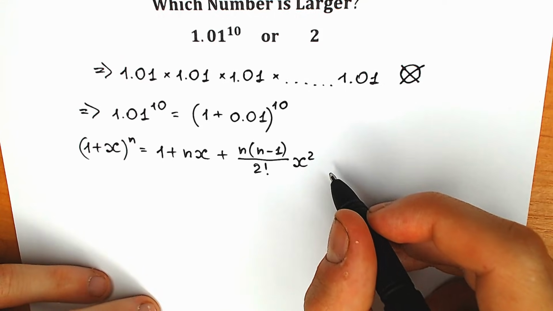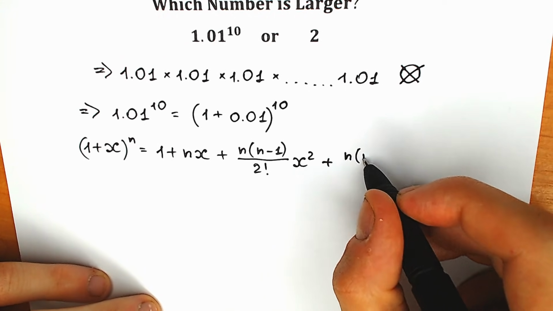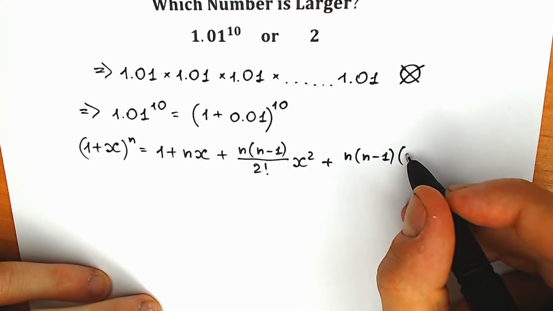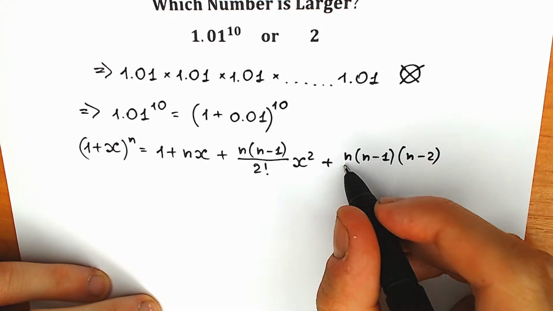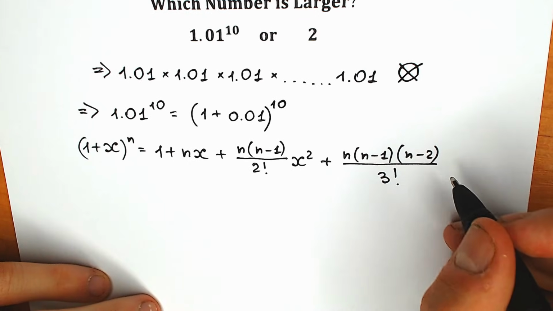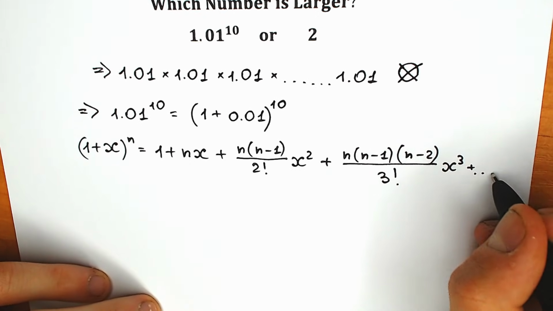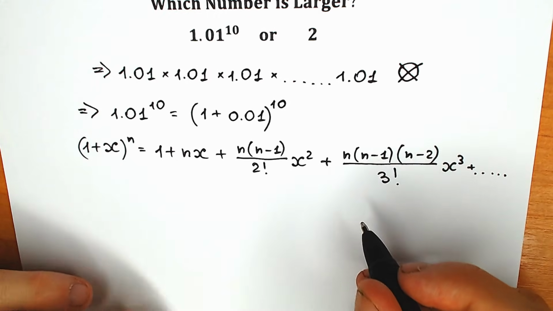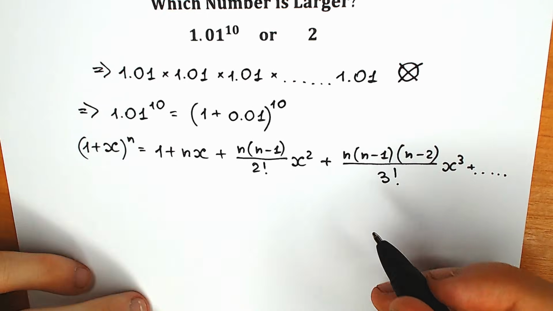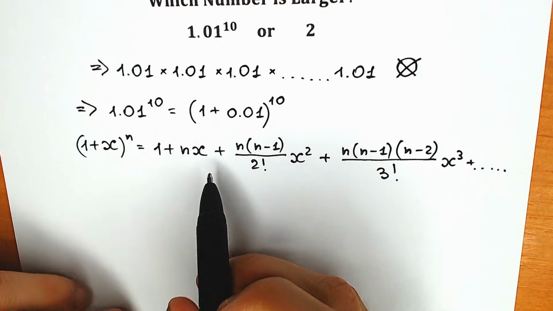This should be enough for a good approximation: plus n times n minus 1 times n minus 2 over 3 factorial times x cubed. And of course we can also find the fourth term for better accuracy, but in our case let's find the third term expansion.